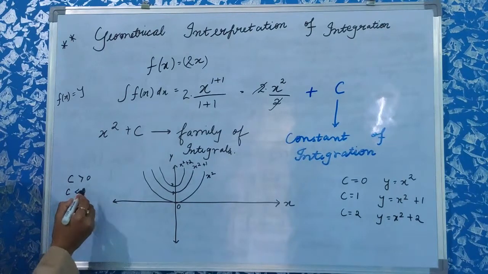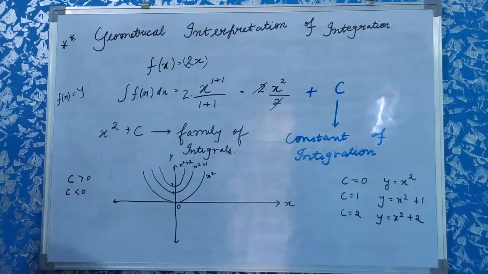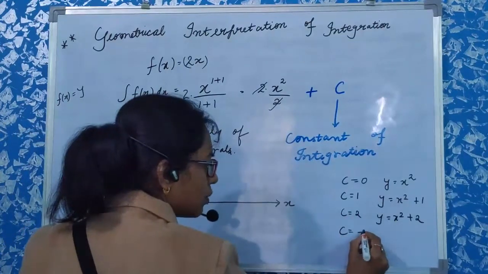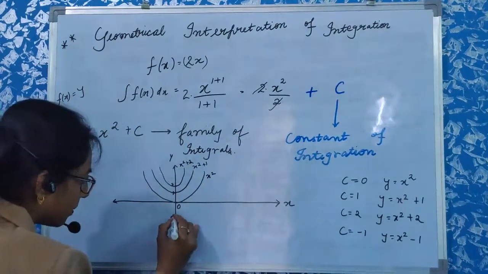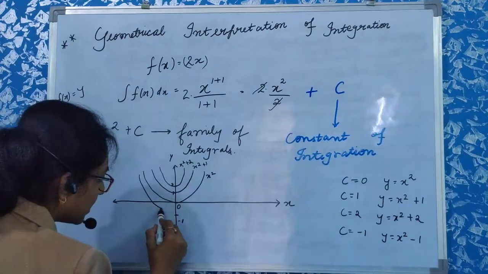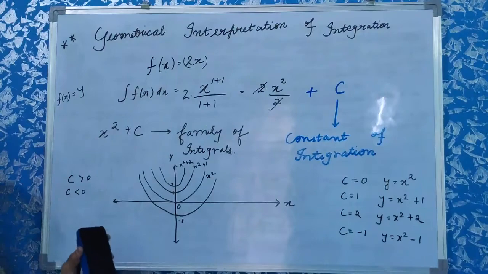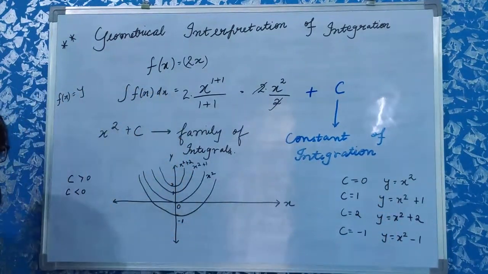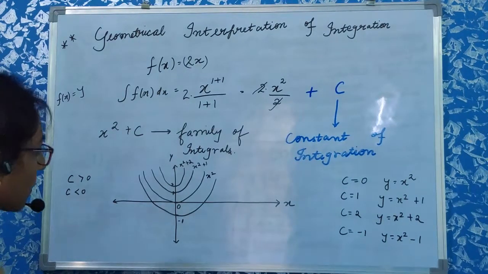When c is less than 0, it is on the lower side of the x-axis. Similarly, I can plot one more: c equals minus 1, then y is x square minus 1. Minus 1 is here, so this will be like this. Why am I drawing a parabola, I hope that's clear. This equation represents the parabola.